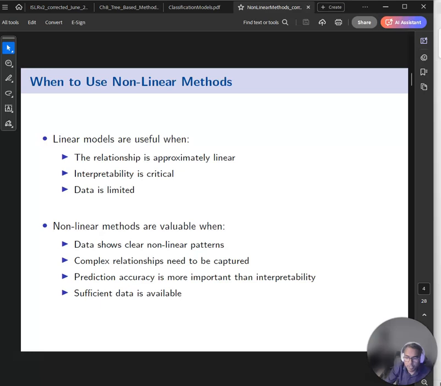Another scenario is where prediction accuracy takes precedence over interpretability, maybe you're more concerned with getting the right answer than explaining how you got there. And finally, when you have enough data to run nonlinear methods, then obviously you can use them.